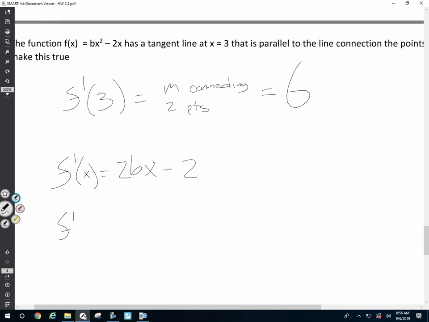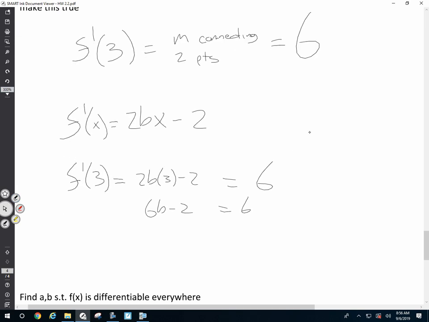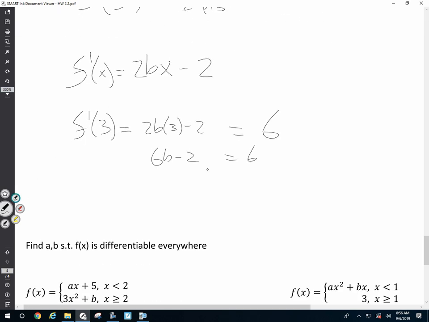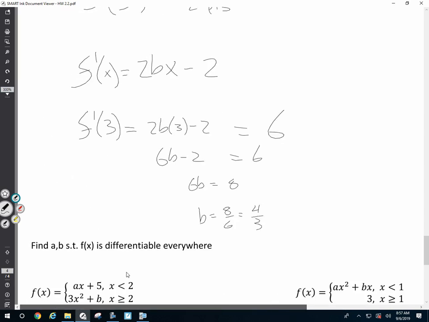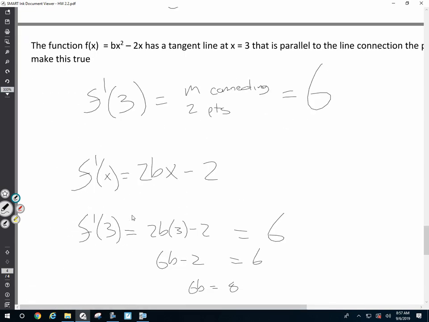Well, this tangent slope generator at 3, which will give us 2 times b times 3 minus 2, has to equal 6. 6b minus 2 equals 6. 6b equals 8. b equals 8/6, which is 4/3. Okay, fantastic. Graph that.